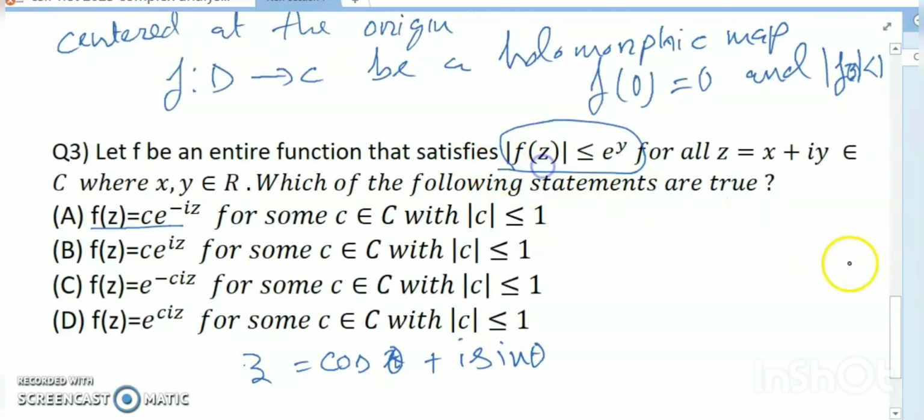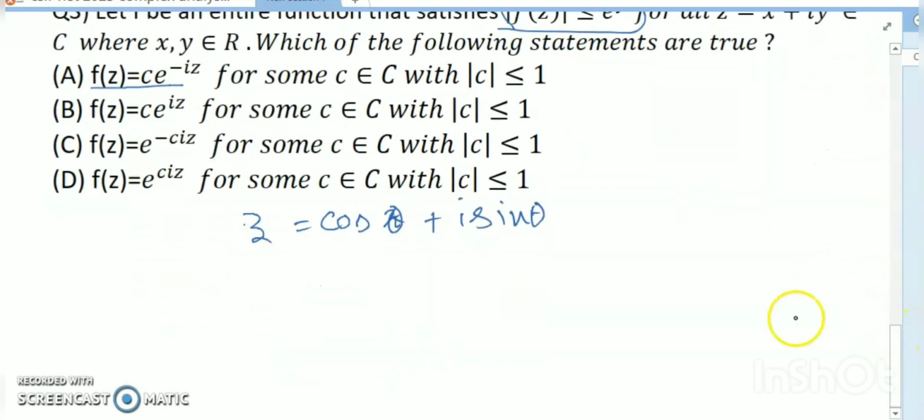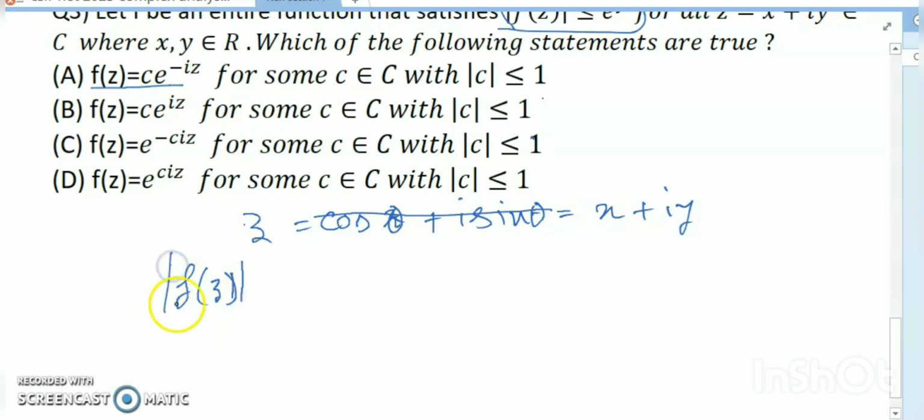So e to the power y, I can say z equals x plus iy. This is my formula. Okay, so mod of fz is equal to c into e to the power minus i times x plus iy.